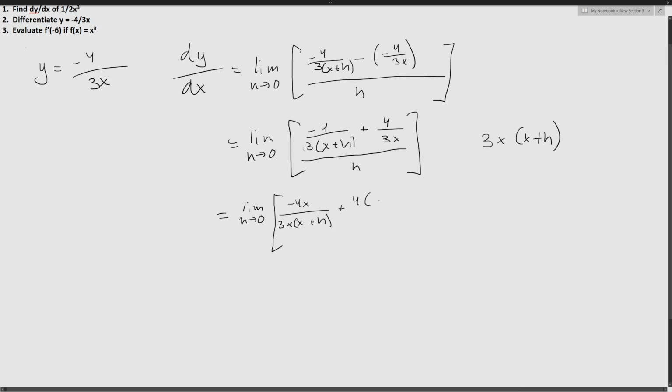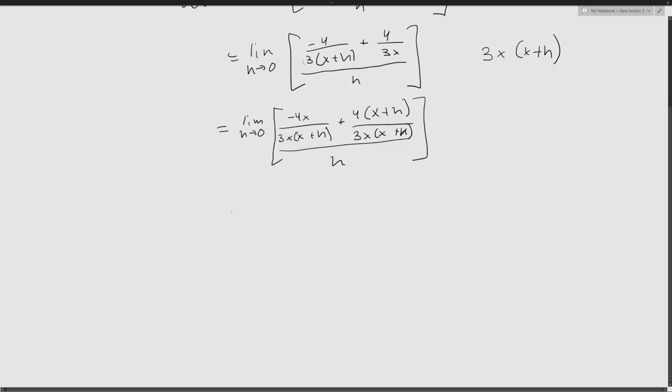So let's put that in, x plus h, and then 3x times x plus h. Again, everything here is divided by h. I don't know why, but x and h sound very similar to me today, so I keep messing them up. Hopefully you guys understand what I'm saying.